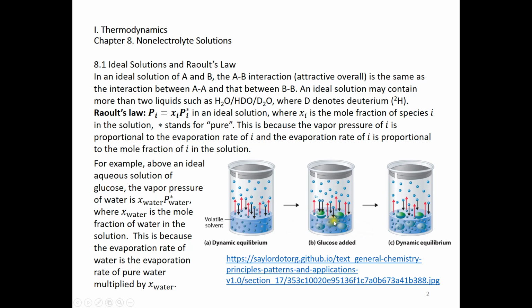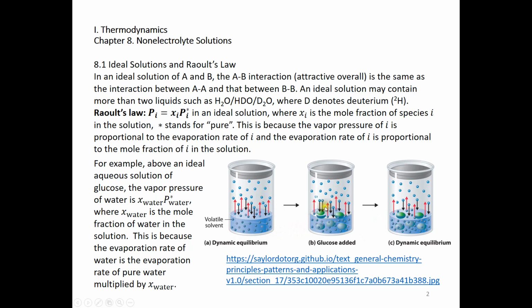When we add glucose to the water, we lower the mole fraction of water. Let's have a numerical example. Let's say we added glucose, so the mole fraction of water drops to 80% of the initial mole fraction. That means just 0.8, because initially we have pure water and the mole fraction is 1.